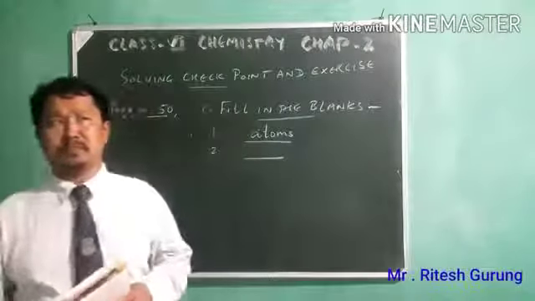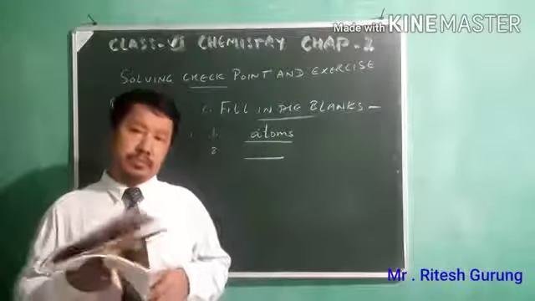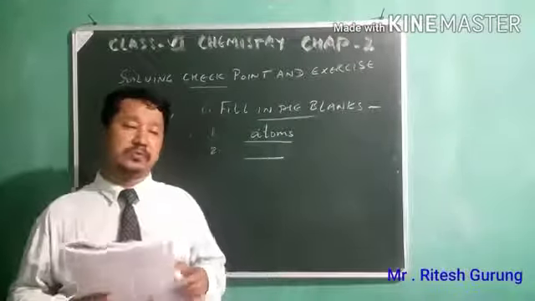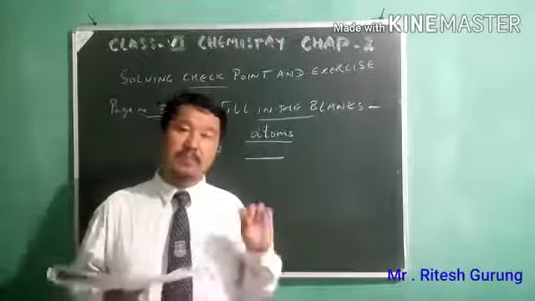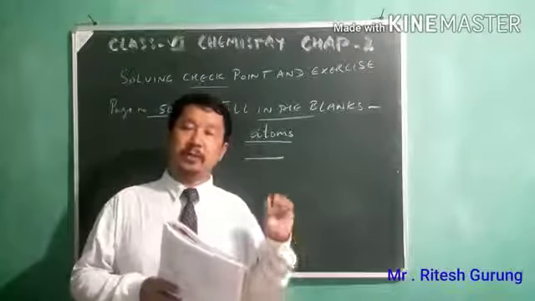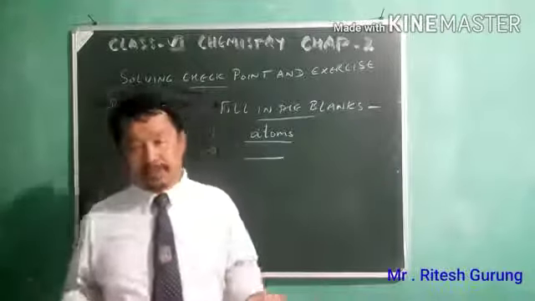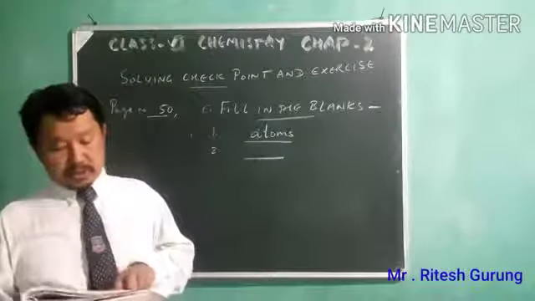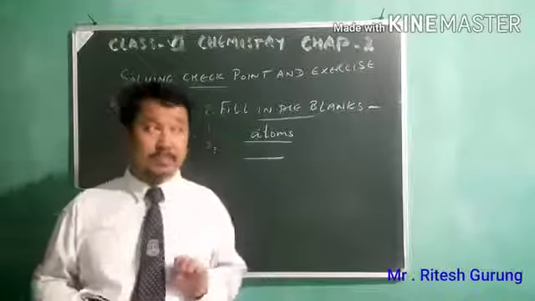See, a molecule means a group of atoms. When more than one atom of the same type or different types group together, that group is a molecule. It may be a molecule of an element or of a compound. So here the molecule of nitrogen is an element.